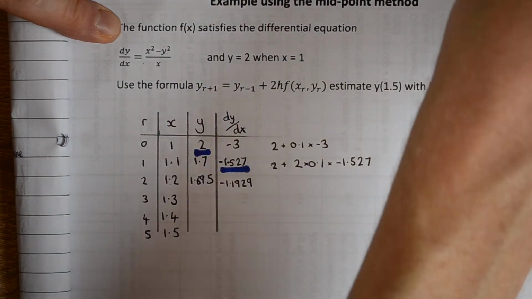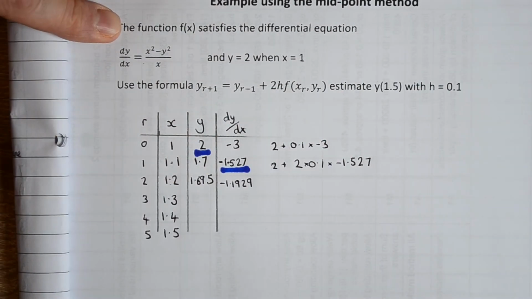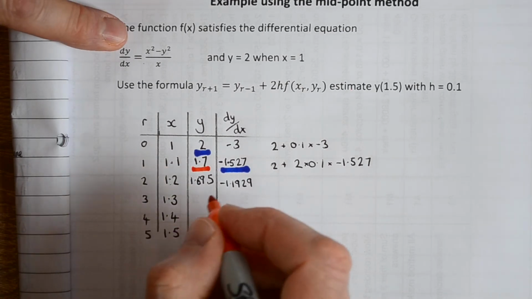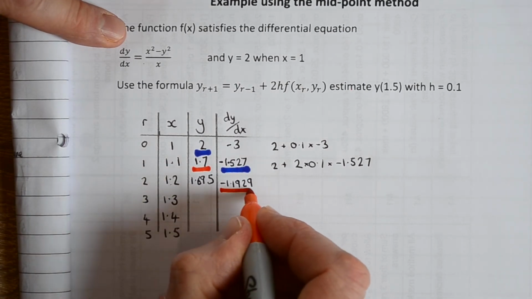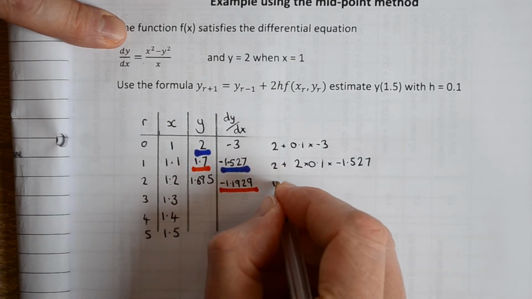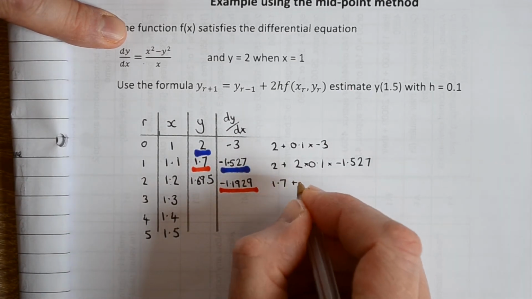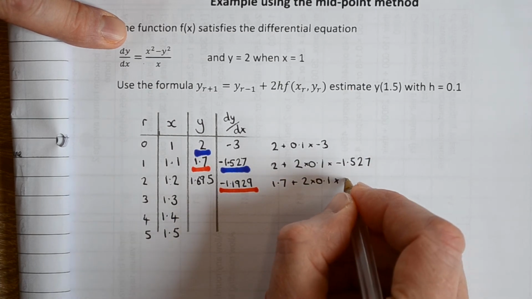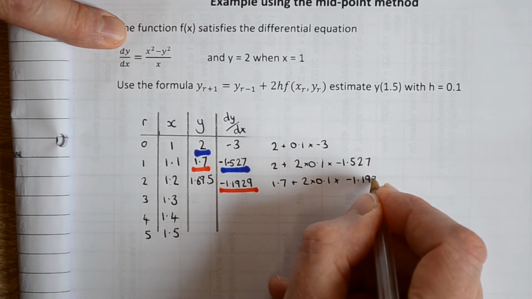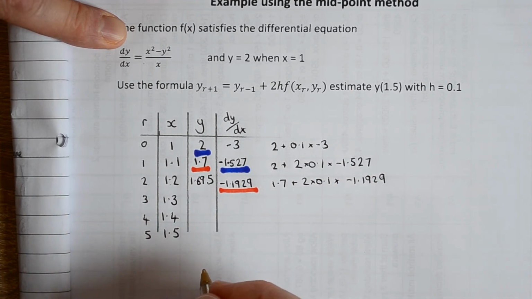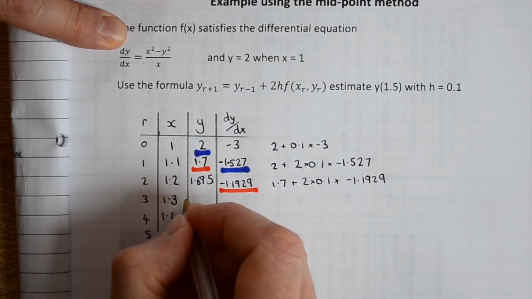So again, we're going to go back, not to the previous one but the one before, our y value there, and we're going to take 2 steps at that gradient. So it's going to be 1.7 plus 2 steps at that gradient. So that's going to give us a new y value of 1.461.